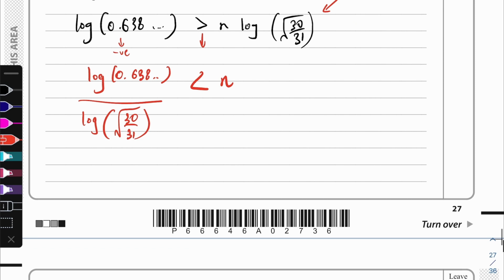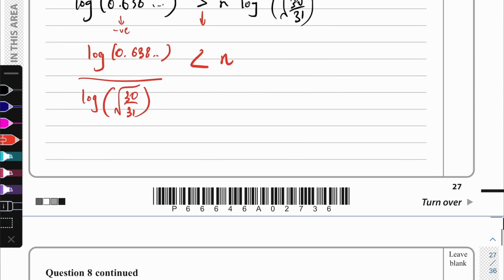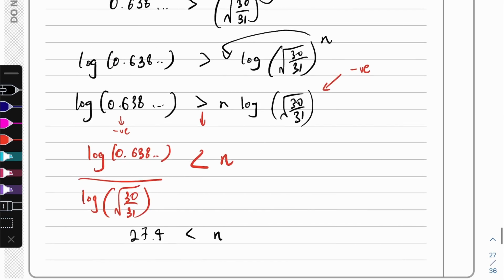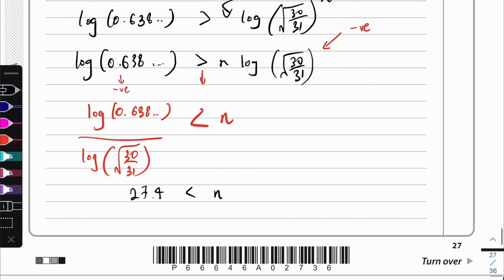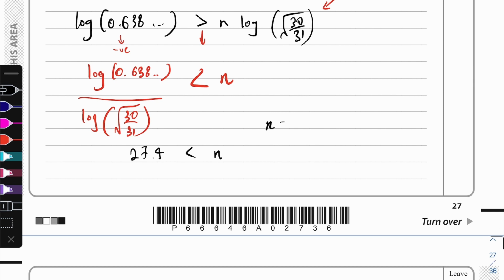So now let's divide them. Log of 0.638 and goes on decimal all over log of root 30 over 31. What do we get? We get that it's 27.4 is less than n. So what does n have to be? Or rather x in this case, and small n equals 28 terms, right? 28.